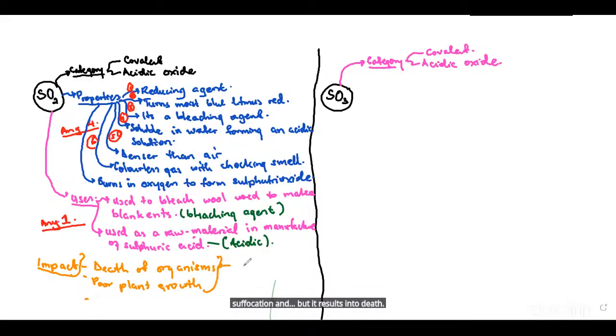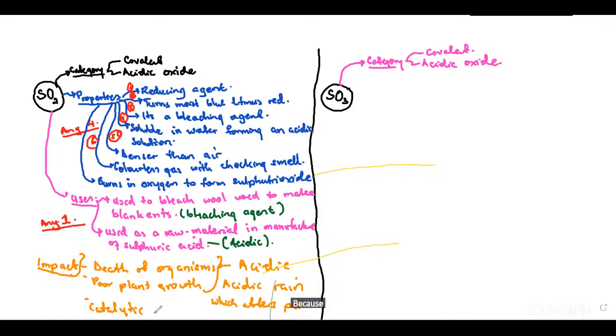Reason being, both of them are acidic. Therefore, they will give us acidic rain, which alters pH. It can be pH of water, pH of soil. If it alters pH of soil, plants will poorly grow. That means we need a mitigation. Mitigation for sulfur dioxide: catalytic converters.